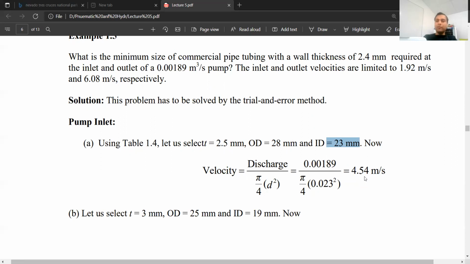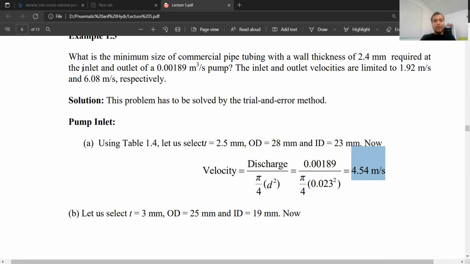Okay, that will give me 4.55, or 4.54. Let's say 4.55 meters per second. So I got the velocity. So I use that one.